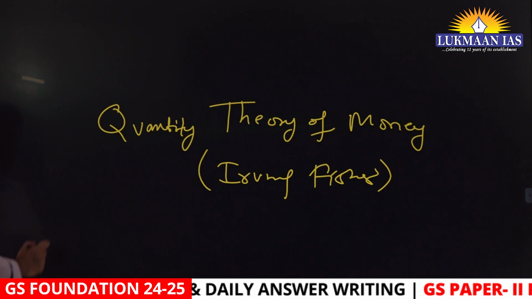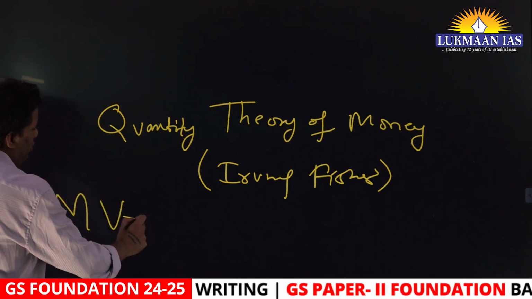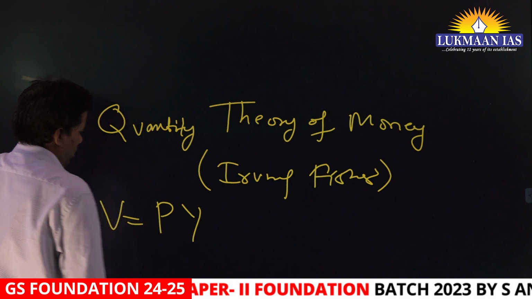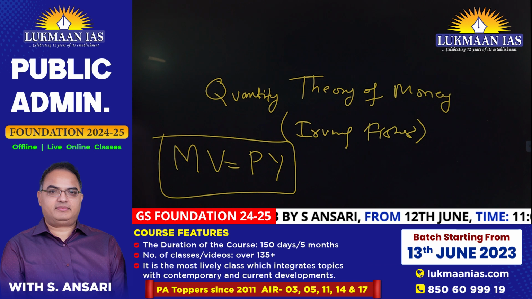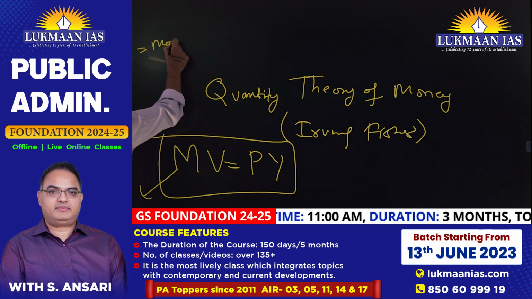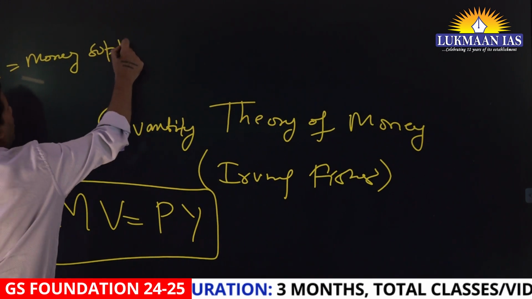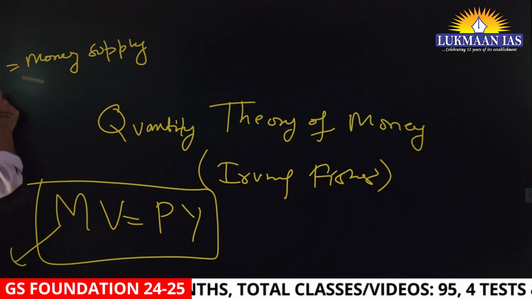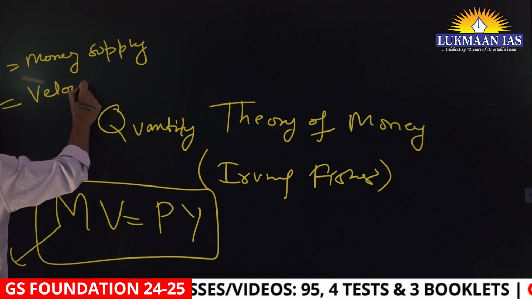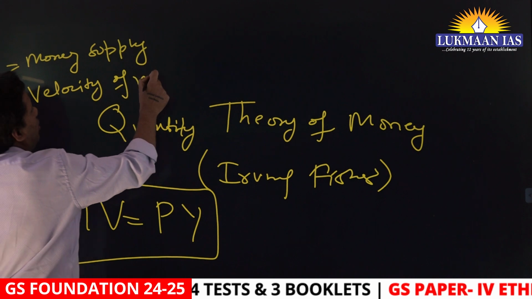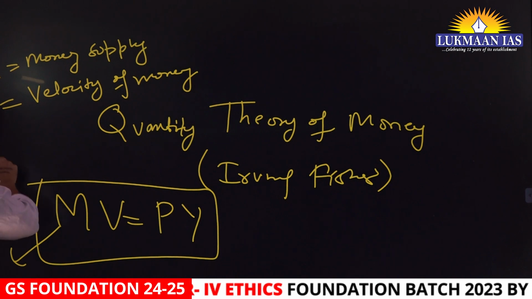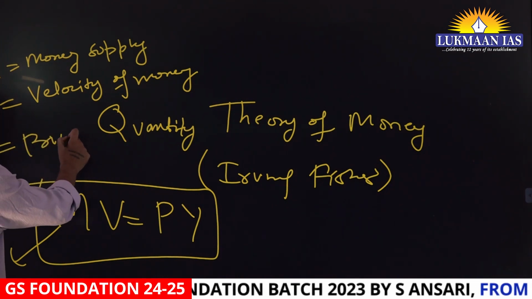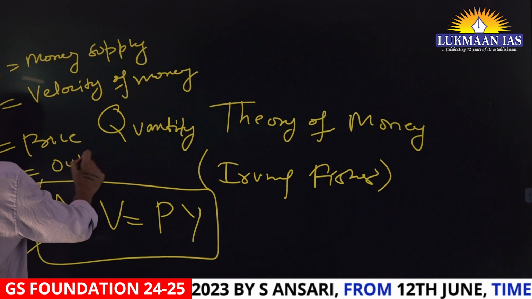And what it says, generally it says a simple thing, MV is equal to PY. Okay, this equation it gives. M stands for money supply, V stands for velocity of money, P is for prices, Y is for output.